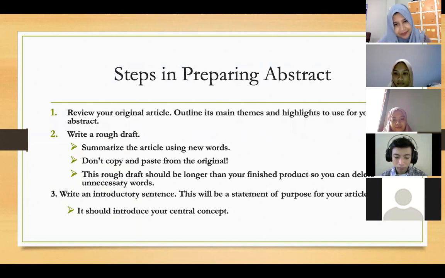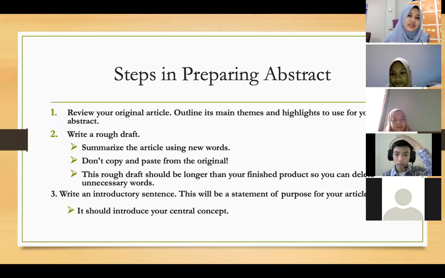There are certain steps in preparing an abstract, but actually the main step is to practice it and just write it, following the template and the guideline. But for the purpose of studying, let's look at the steps in preparing an abstract.